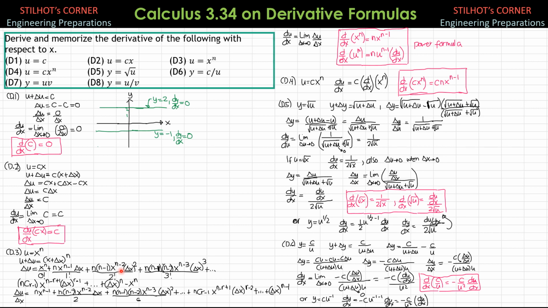So n minus 2. So which checks, then whatever is subtracted from n, from the exponent of x, that should be the exponent of the second term, delta x. Then plus dot dot dot plus delta x to the n, last second term raised to n.